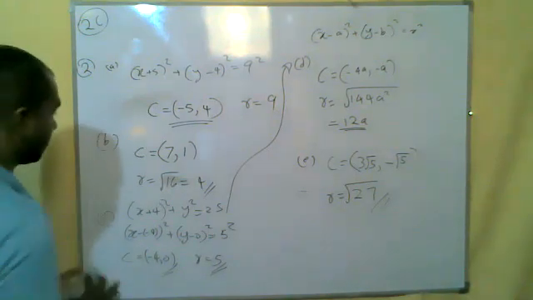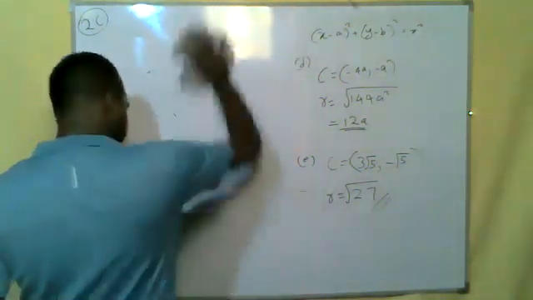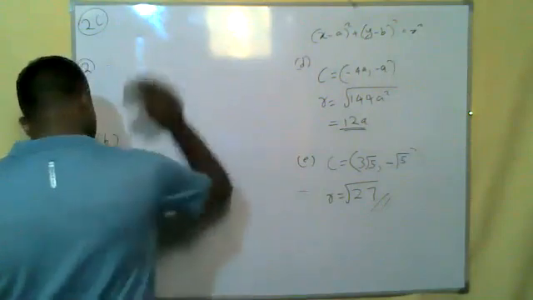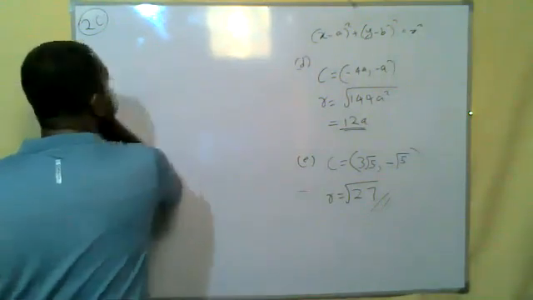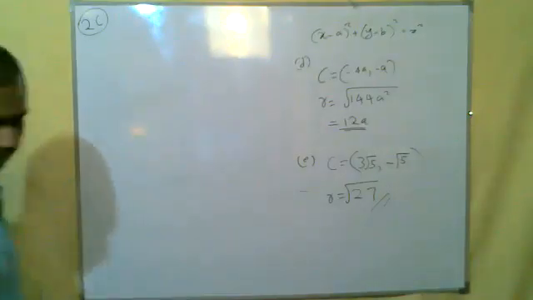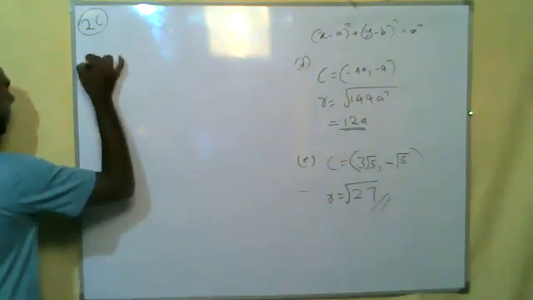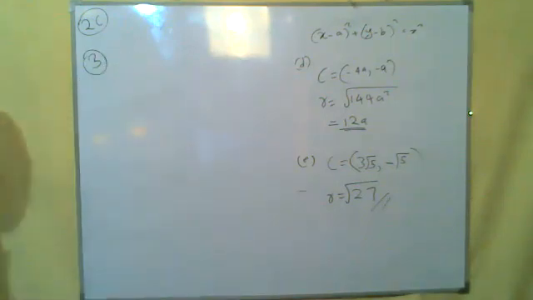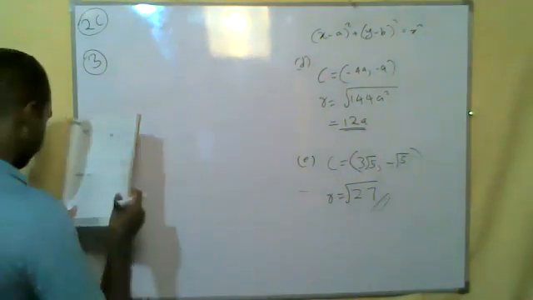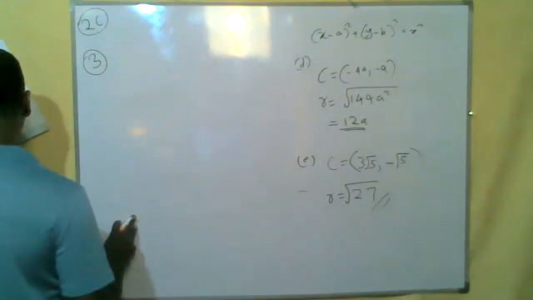I will erase the things. So what is question number 3? In each case, show that the circle passes through the given point.